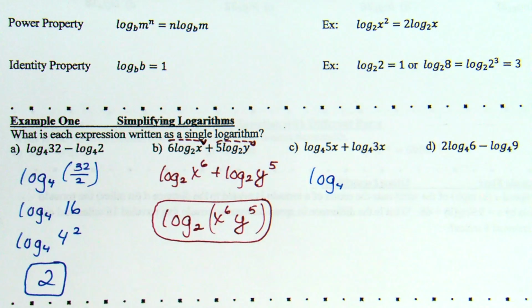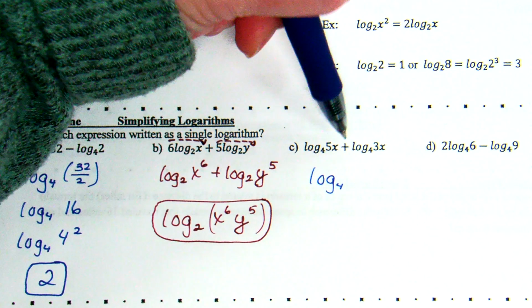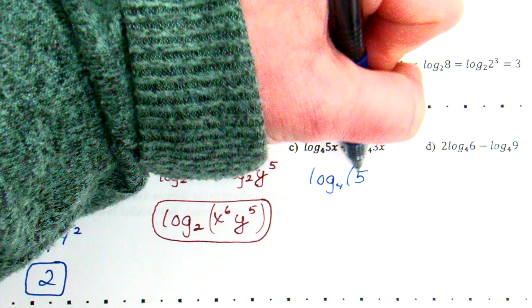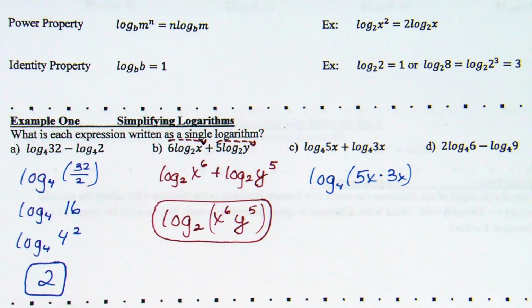And then as he said, because it's a plus, when we rewrite as one log, we are going to do multiplication. So I'm fine with, let's write it as, what are the pieces we're multiplying? 5x times 3x. And I'm fine with that as a start.